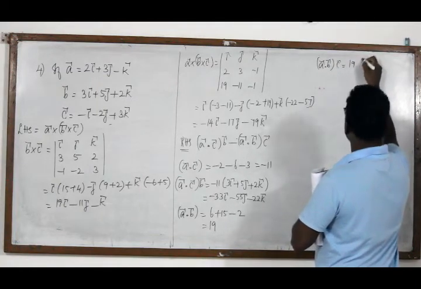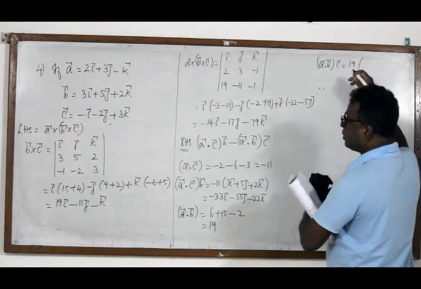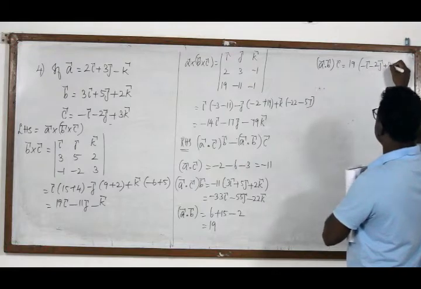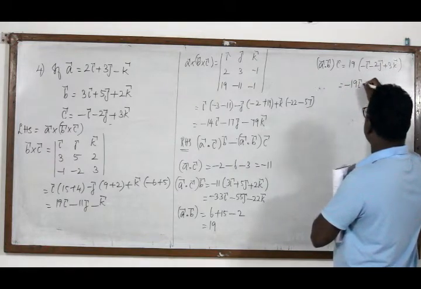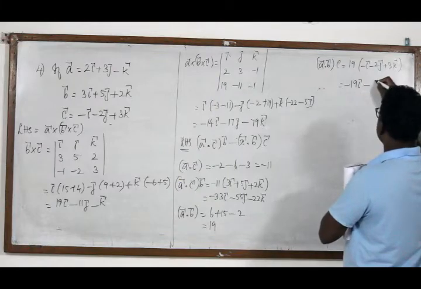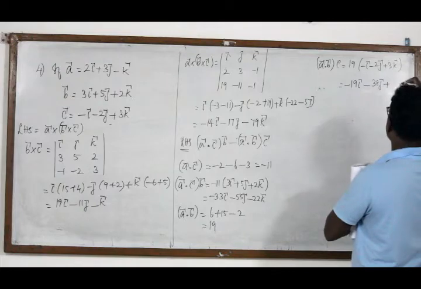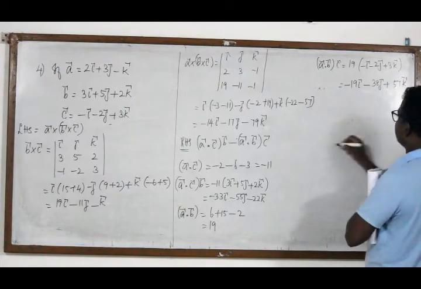Therefore, A dot B into C vector. It is 19 into C vector, which is minus i, minus 2j plus 3k. It is minus 19i minus 38j plus 57k.